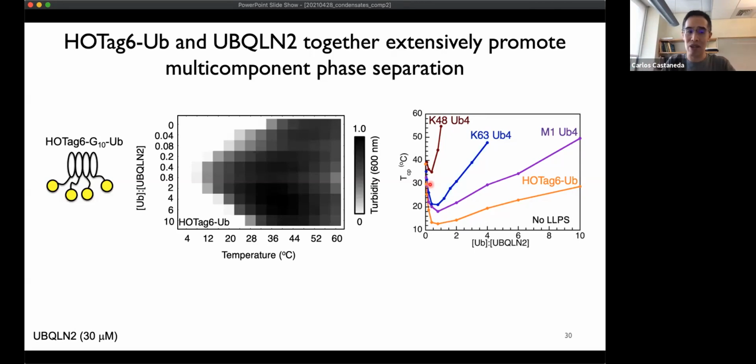I think you bring up a really good point of how these different types of chains could be affecting the inside of the droplets.